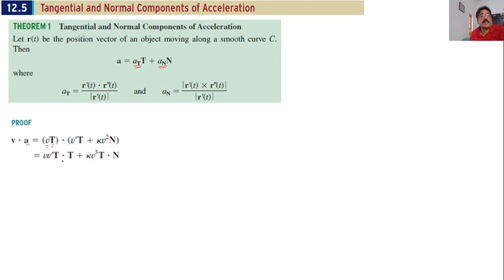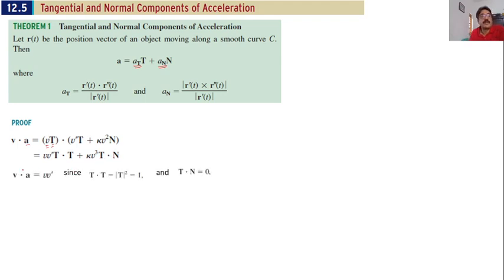And we know T · T is |T|², and T is the unit tangent vector, and therefore |T| is 1. So this is reduced to v'. Whereas T and N are orthogonal, perpendicular to each other, and therefore the dot product is 0. So this term is reduced to 0.